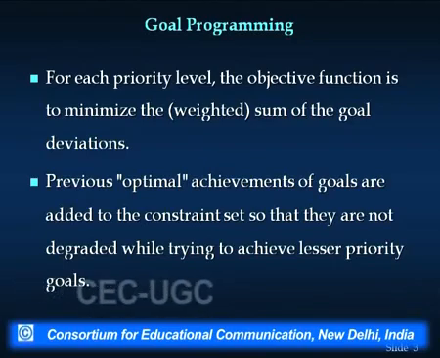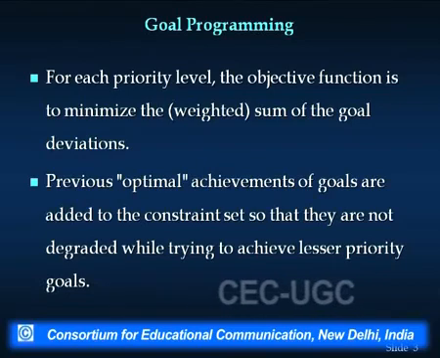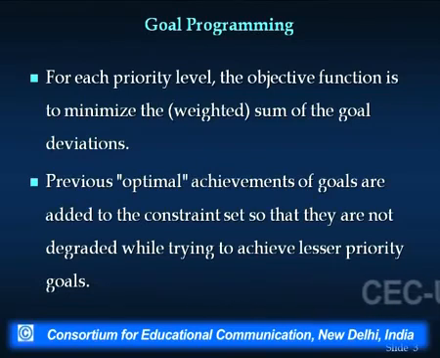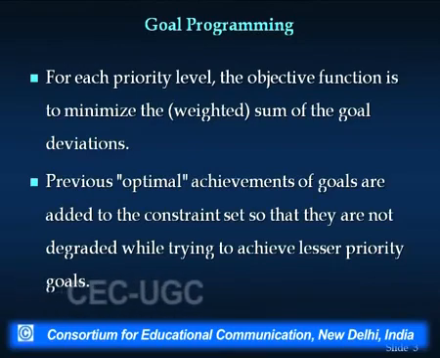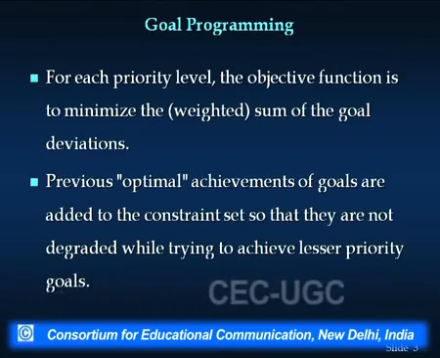Previous optimal achievement of goals are added to the constraint set so that they are not degraded while trying to achieve lesser priority goals. The statement means that the functional constraints are given the topmost priority, and those constraints are to be met by all means. And then we start achieving the goals specified in the problem as per the priority given.